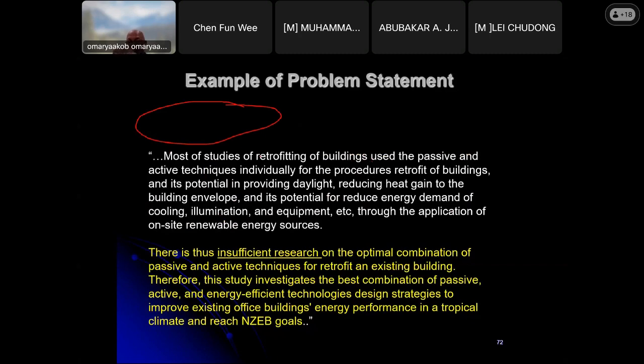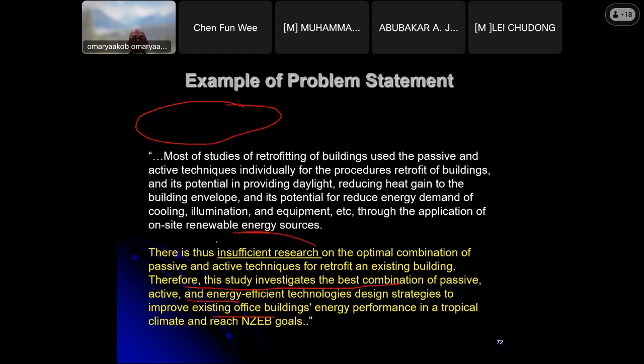Now it comes towards the end of it. He says that most studies use this, but there is insufficient research on the optimal combination. Therefore, this is the purpose statement. Okay, the study will investigate this and so on. So this is more specific. So the best combination of passive and active energy and so on.